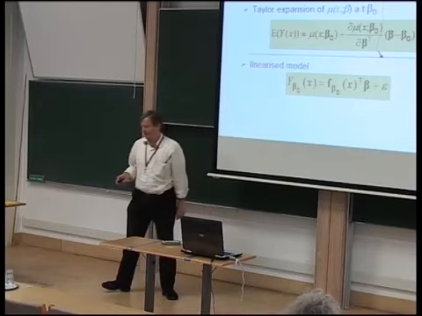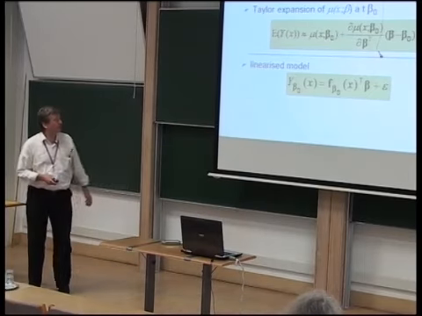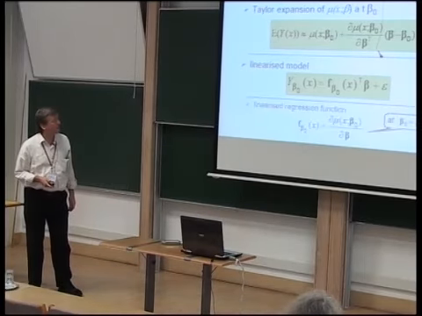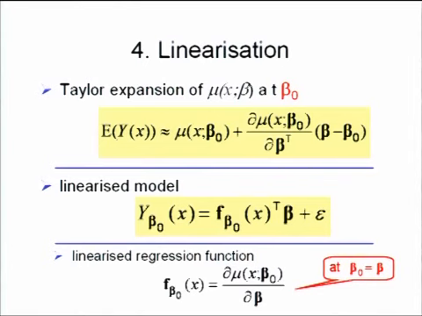But the problem is the linearized regression functions depend on the choice of the point where we take our linearization. So if we take a linearization at a different beta naught, then we will get different regression functions, and then the information matrix will become different, and probably the designs will also depend on that.